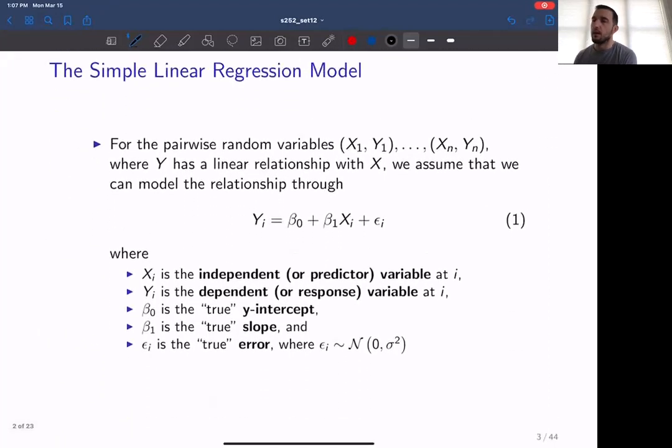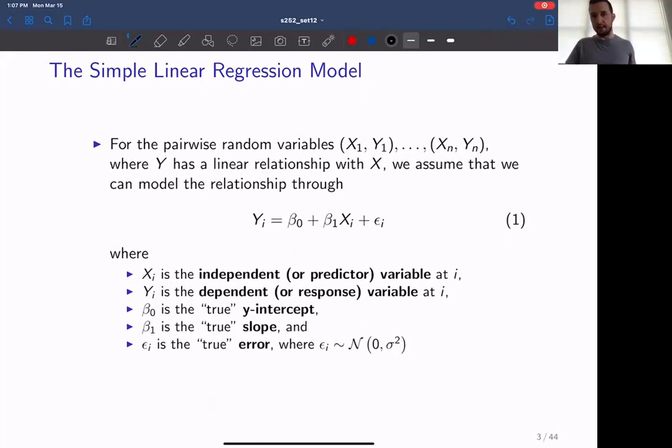All right. The simple linear regression model states that the response variable y is equal to beta0, which we call the y-intercept, plus beta1, which is called the slope, multiplied by x, plus epsilon, which is an error term.